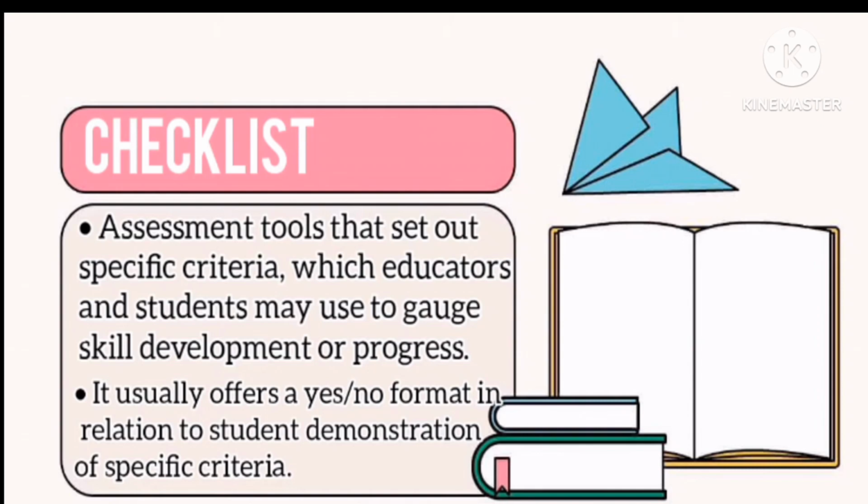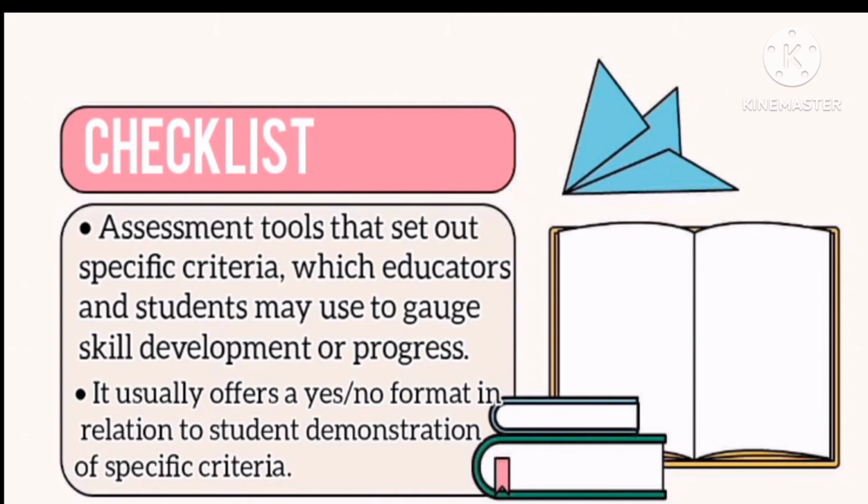It usually offers a yes or no format in relation to the student's demonstration of the specific area. So checklist offers only yes or no, or pass or fail. You have to check whether the student is doing right or wrong, or whether the student does that or not.